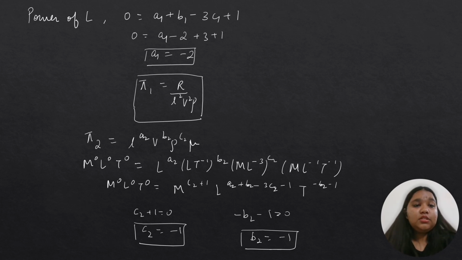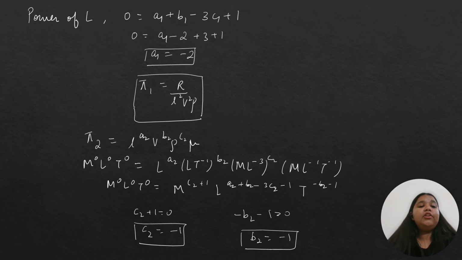Then for L, 0 equal to A1 plus B1 minus 3C1 plus 1. We substitute the values of B1 and C1, so A1 becomes minus 2. Now we write pi1 equal to R upon L square V square rho, after substituting the values of A1, B1 and C1.